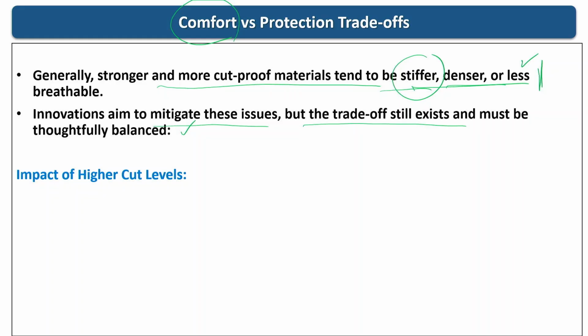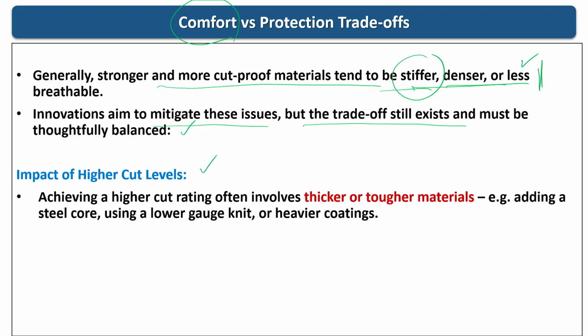So, impact of higher cut level. If you try to use a textile with very high cut level, achieving a higher cut rating often involves thicker and tougher material. As for example, adding a steel core, that will enhance the cut resistance, but that will be actually restricting the body movement.